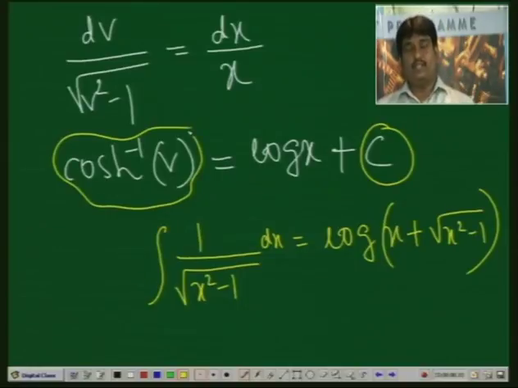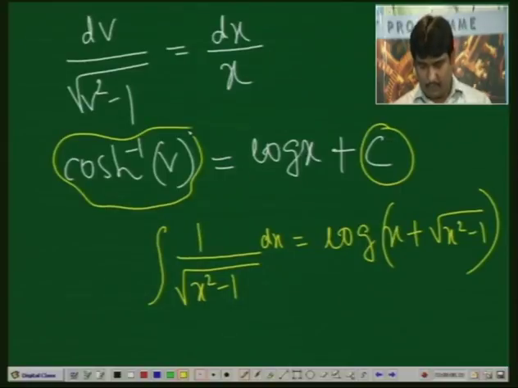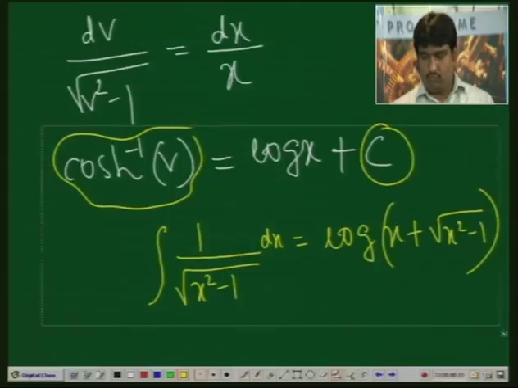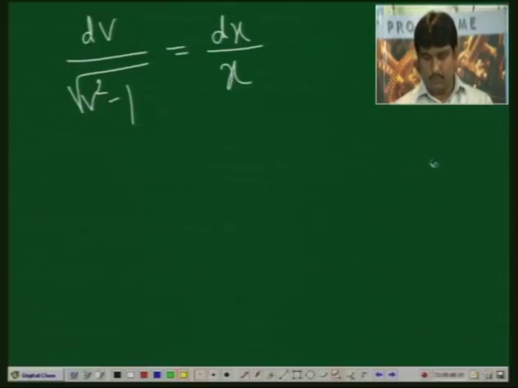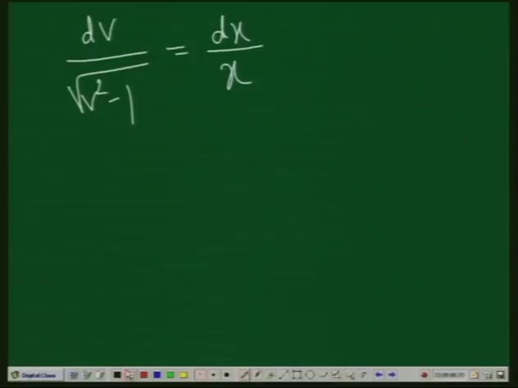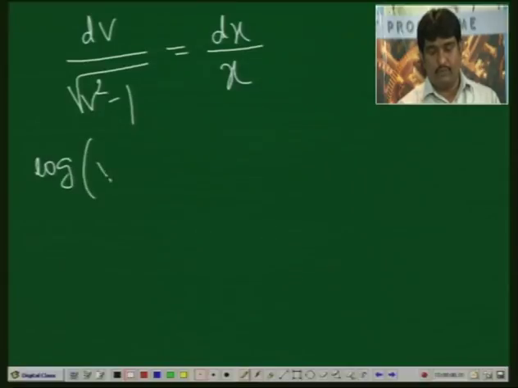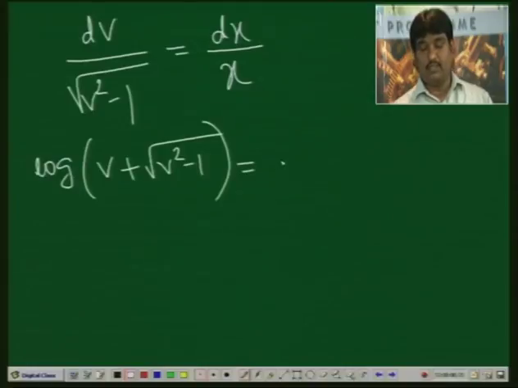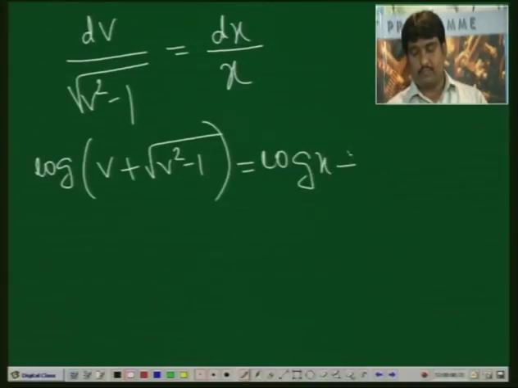I will express dv by root of v square minus 1 in terms of log. The alternate formula, the integration of 1 by root of v square minus 1, is log of v plus root of v square minus 1, and that equals the integration of 1 by x, which is log x plus some arbitrary constant log c.